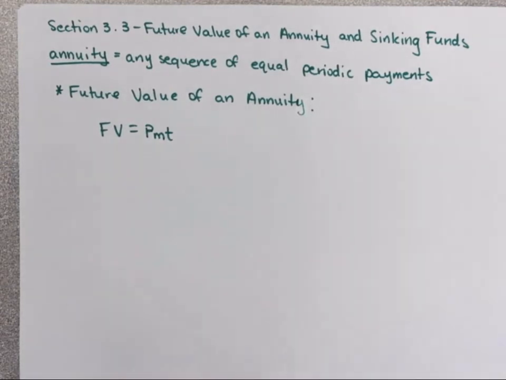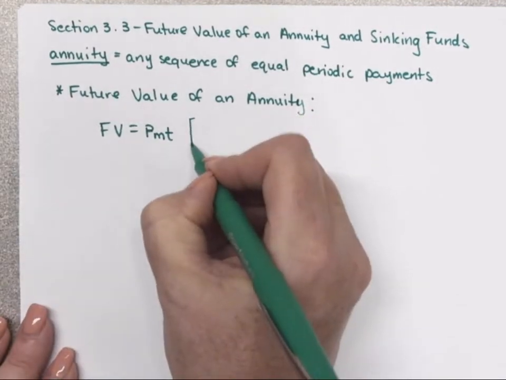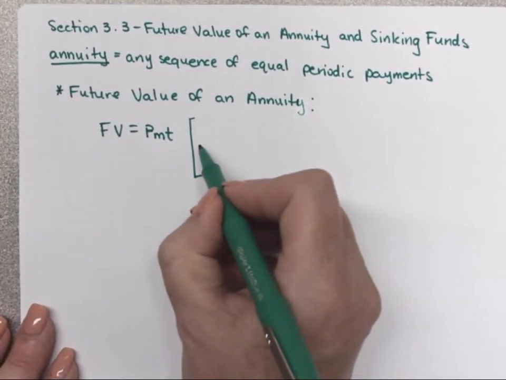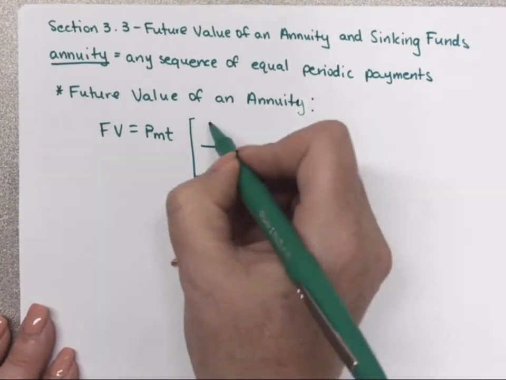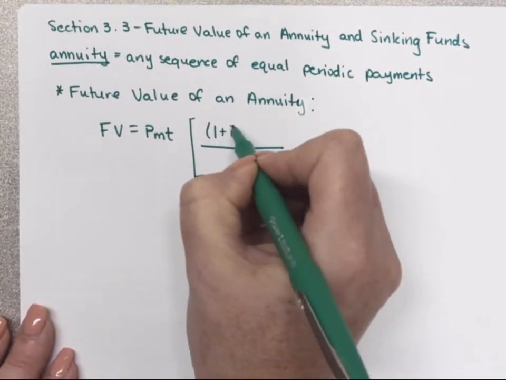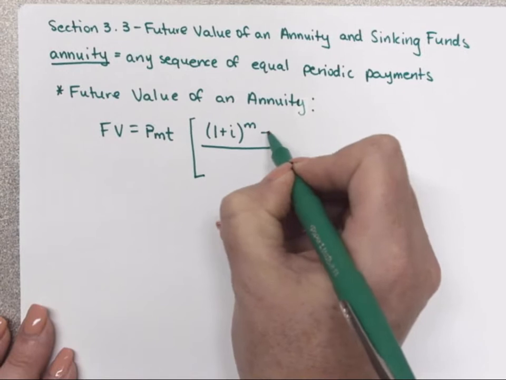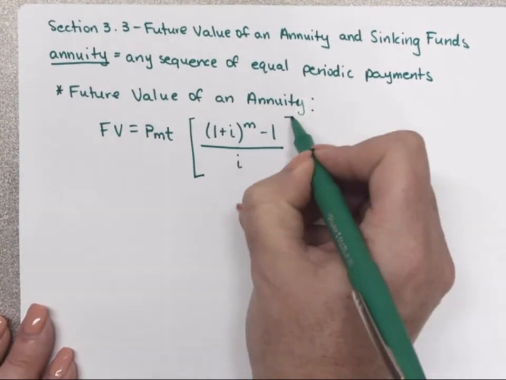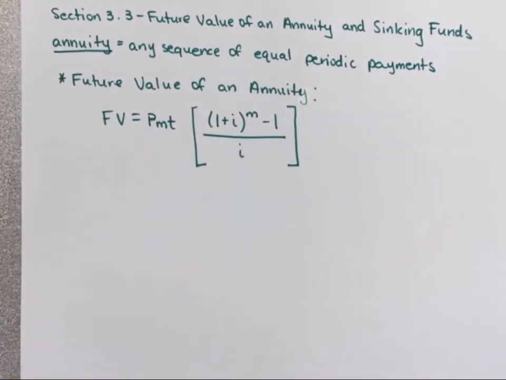So it's going to be payment times, and then this kind of large fraction, so we're going to put a bracket around it: (1 plus I to the m power minus 1) over I. Okay, notice I'm using I instead of R. I used R for rate in the previous formulas last week.